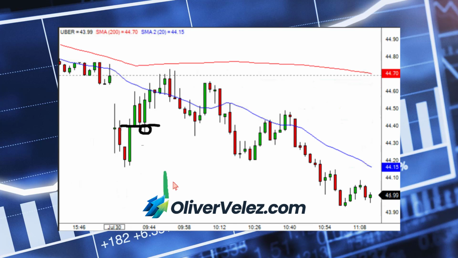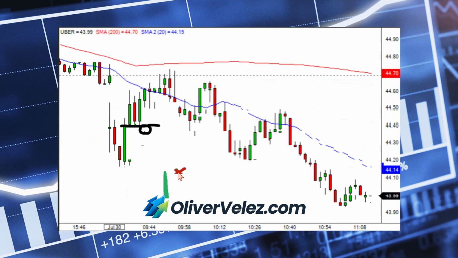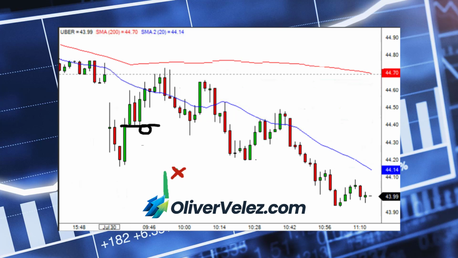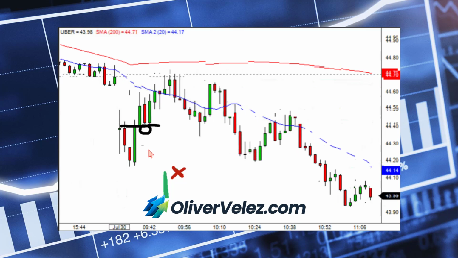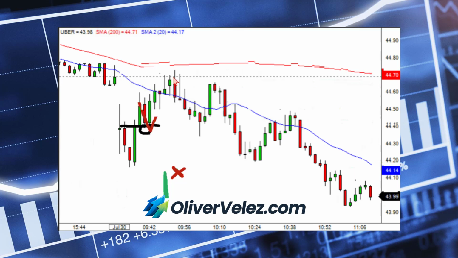So that's that scenario of shorting right near the top, which will have high odds of not working.